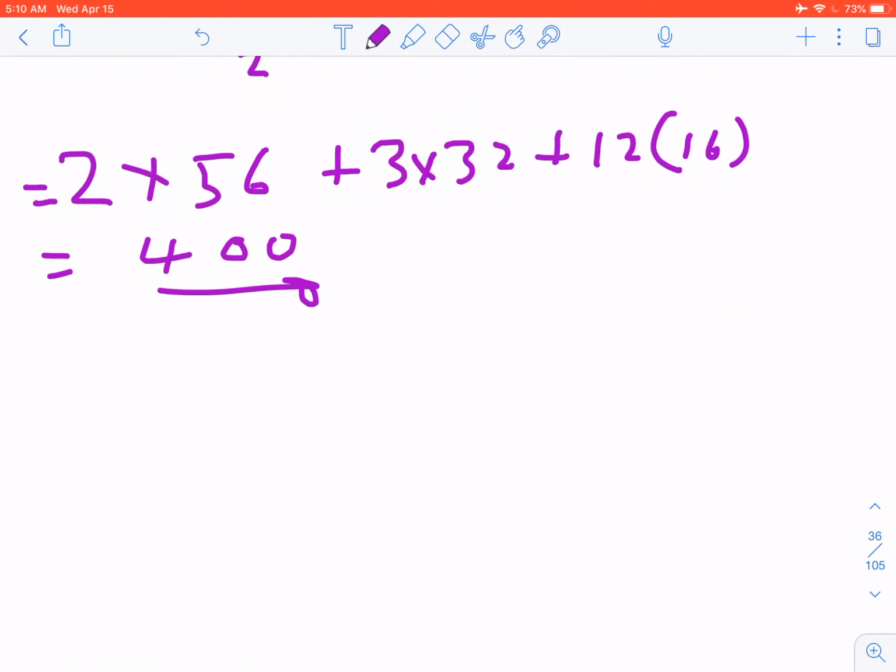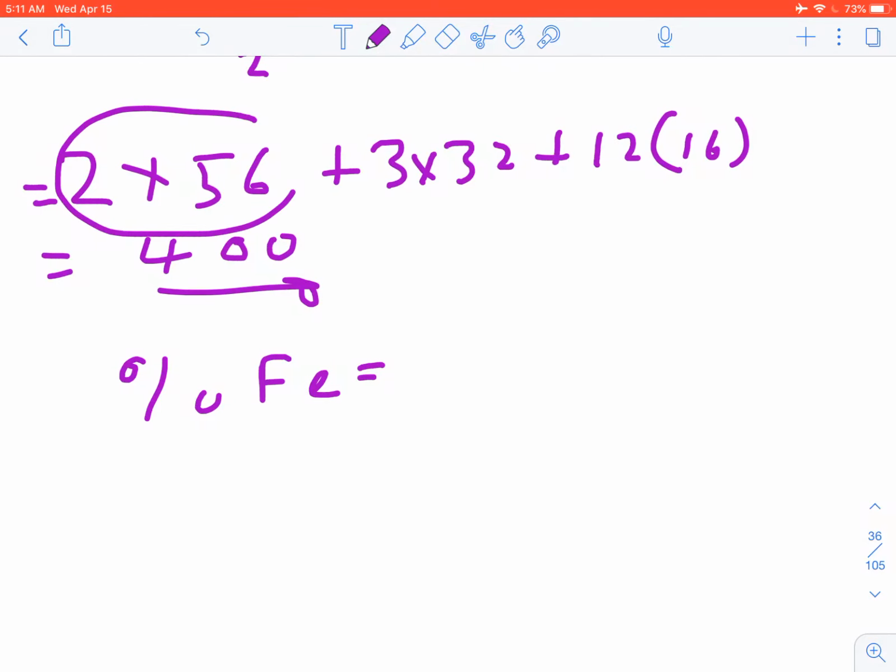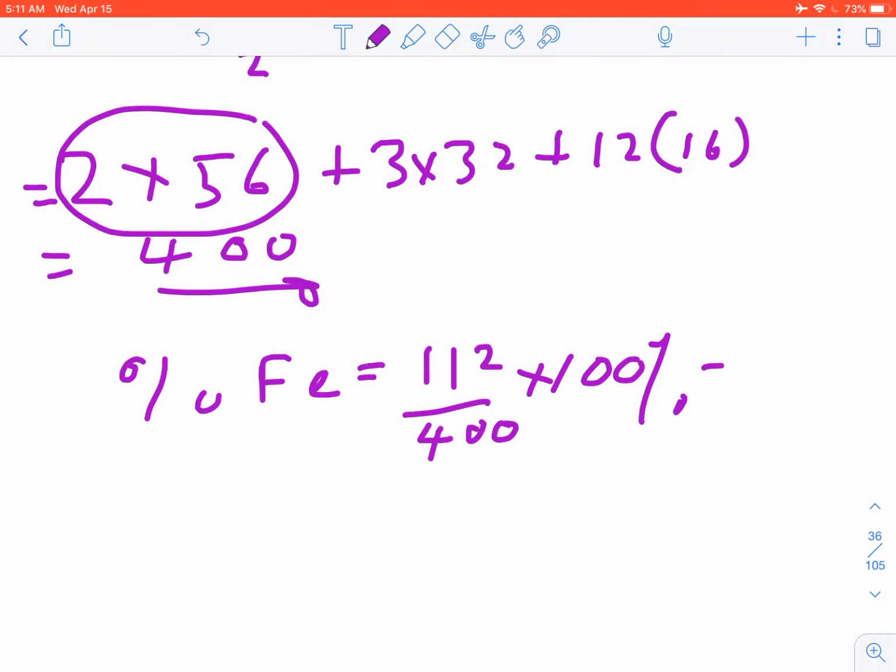If we want now the percentage composition of Fe, that would be 2 times 56 is 112 upon 400 times 100%, which gives us 28%.